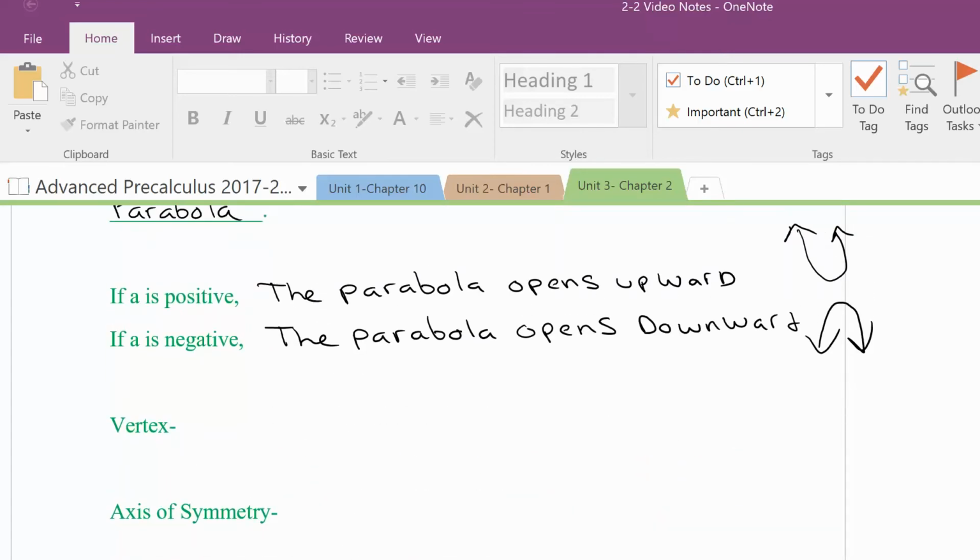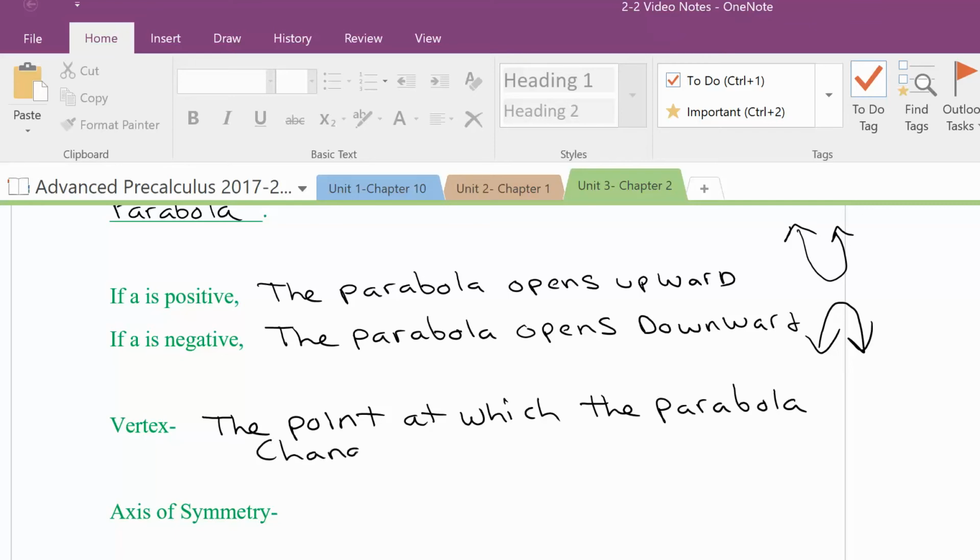The vertex is the point at which the parabola changes direction, especially from increasing to decreasing or vice versa.